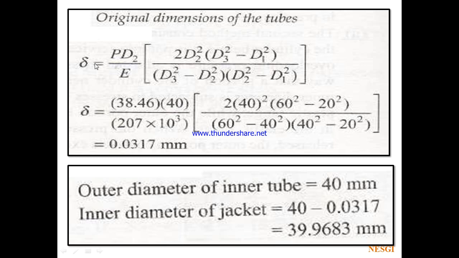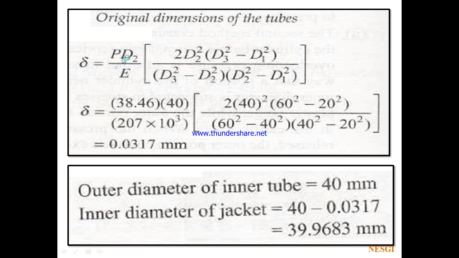Next, if you want to find the original dimensions, we need to find the deformation, that is delta. So already we know this equation. Delta is equal to P into D2 upon E, into 2 D2 square into bracket D3 square minus D1 square, divided by bracket D3 square minus D2 square, into bracket D2 square minus D1 square.